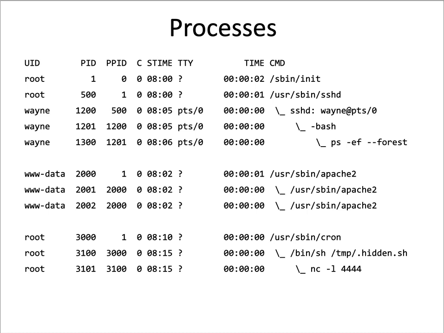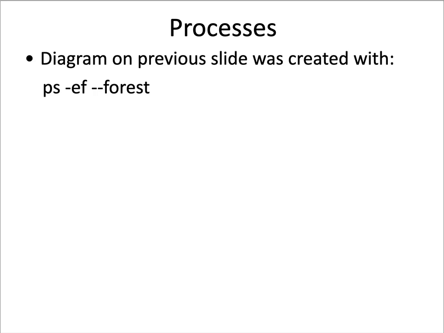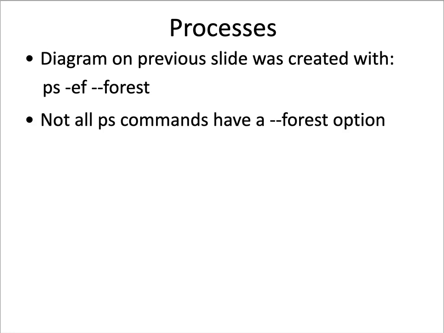So I primarily did this to show you the metadata and a little bit about what --forest does. And like I said, that was created with the command that we saw at the top. Not all versions of ps have a --forest option, unfortunately.